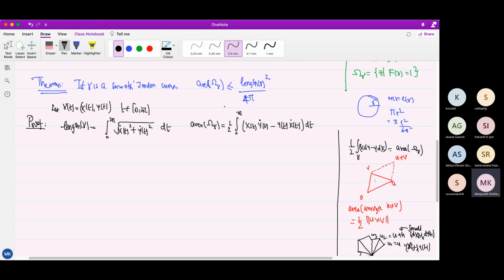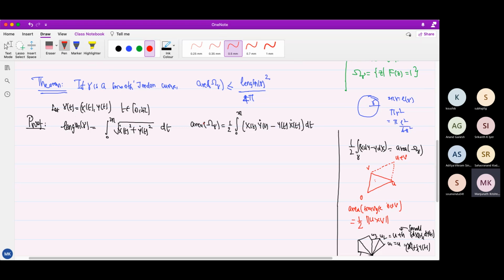Once you have this, you just apply Fourier analysis and you will get the answer. So what is it we want to do? We now write everything in Fourier expansion. x and y are functions, so we could write a complex valued function, x of t plus i y of t.